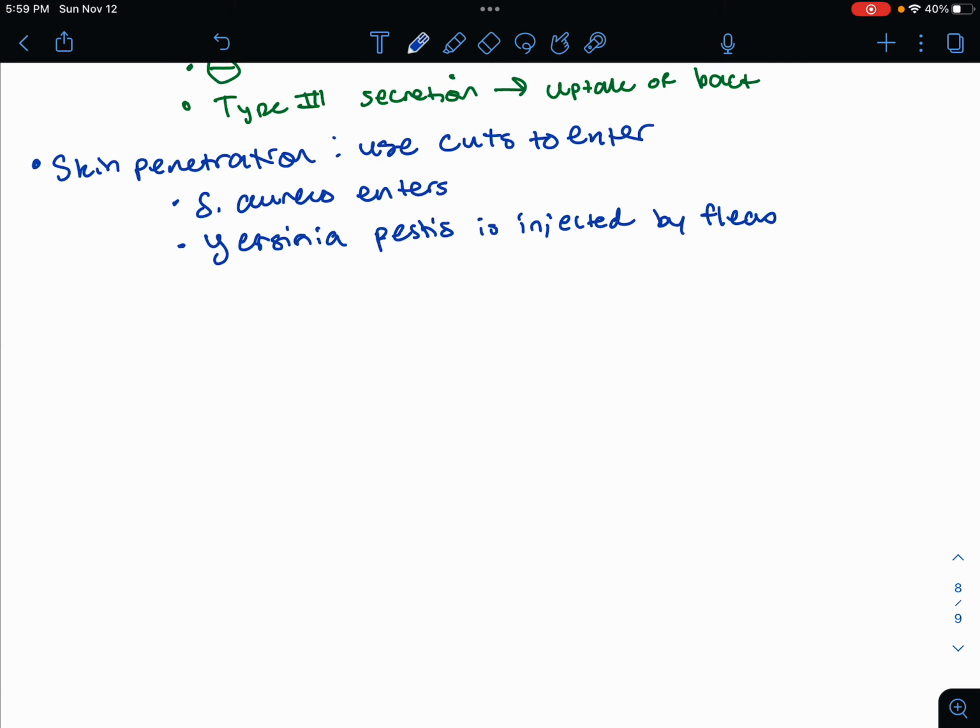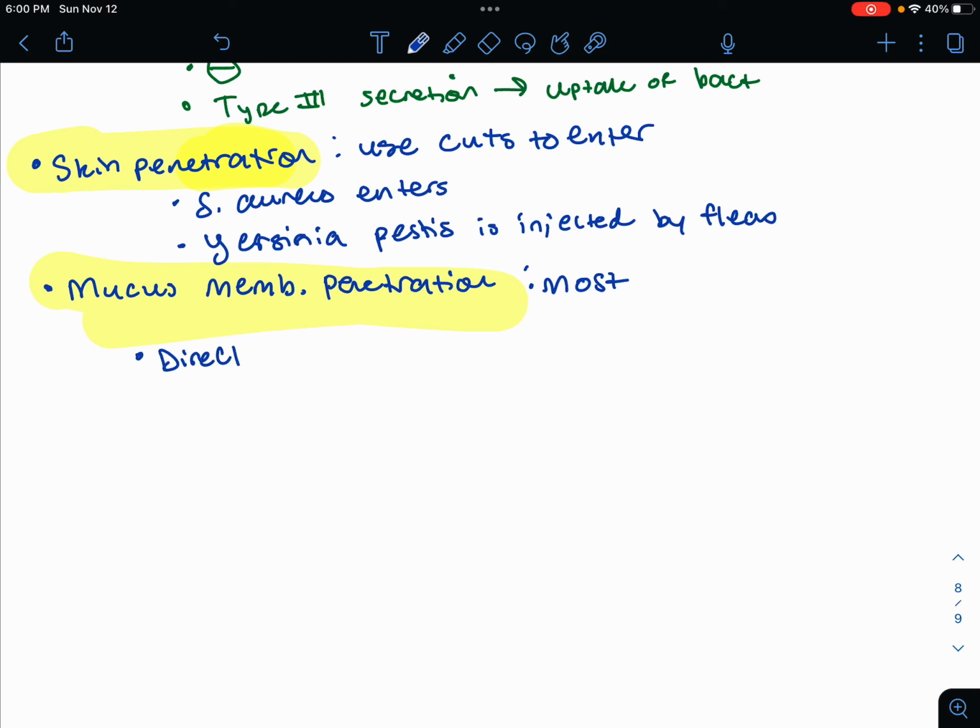Okay, penetrating the mucous membranes is actually different. A lot of penetration here of different kinds. Entry point for most. And this is going to be directed uptake by the cells.